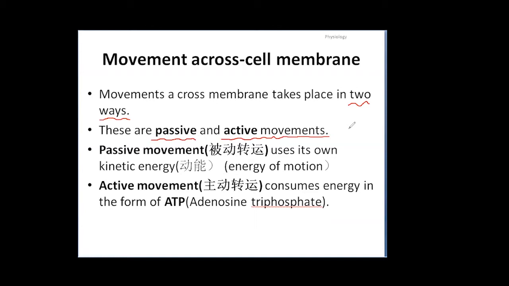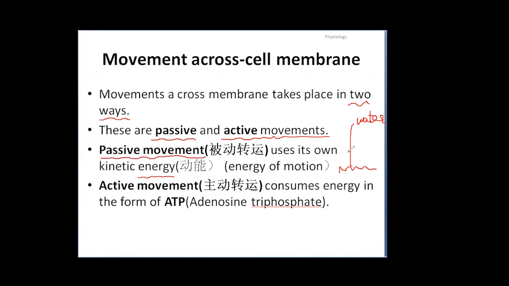What does passive kind of movement mean? Generally, it doesn't need actual energy. A pretty simple example is water flowing from a high part to a lower part. We don't need special energy to do it.